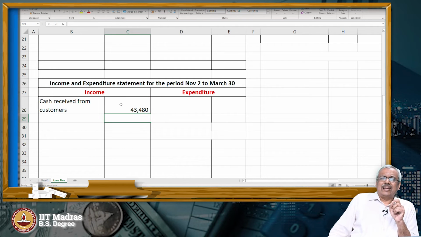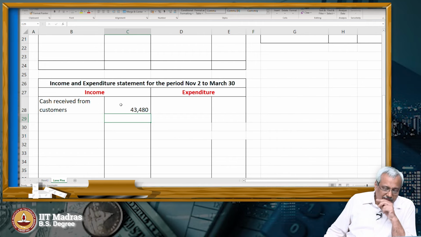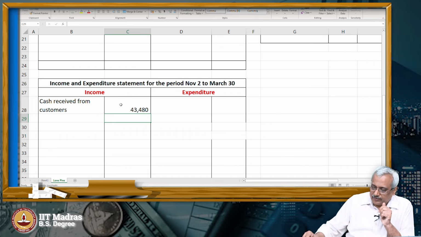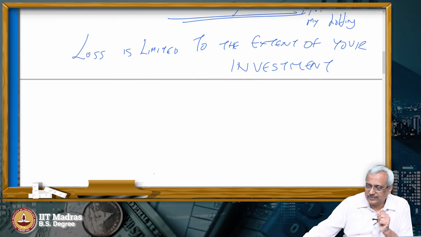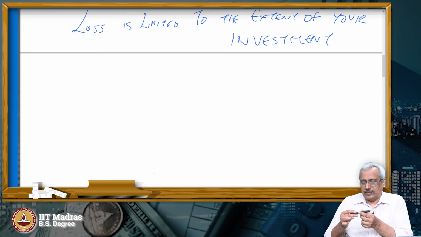Now, is my income only 43,480? No. Why? Because in the income and expenditure statement, we follow what is called the accrual concept.